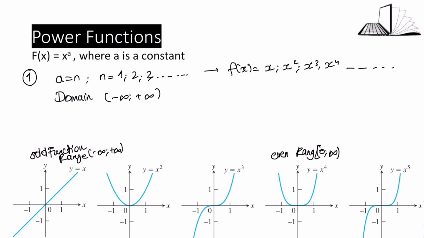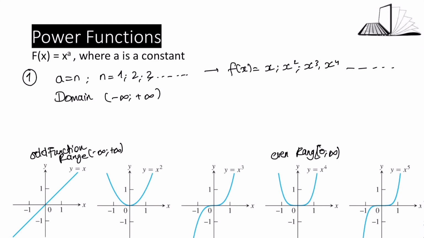And you can see the steepness of the curve from 1 to infinity. The steepness of the curve increases as the power increases. As you go from x to the power 2 to x to the power 4, the steepness of the curve increases. And that's logical.